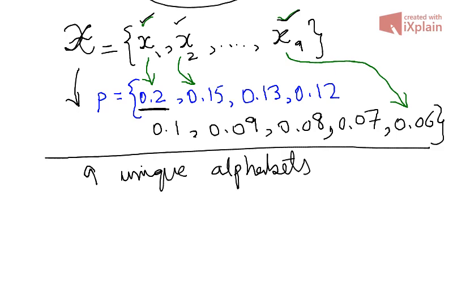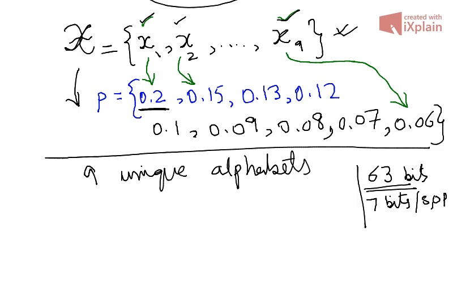If you want to save these 9 alphabets, you have 63 bits of memory to save these 9 alphabets, right? So you have 7 bits per source output in case of ASCII code.